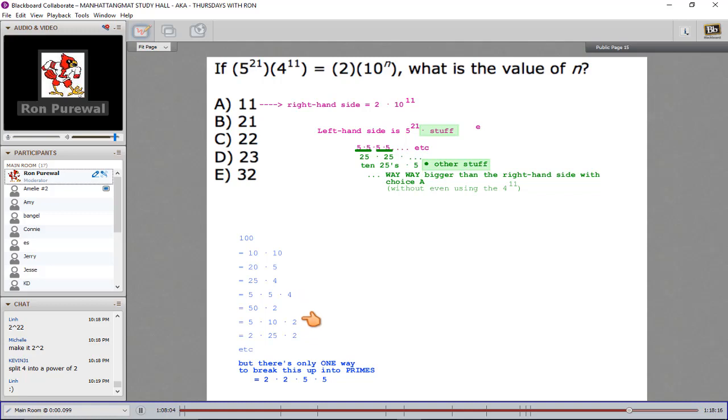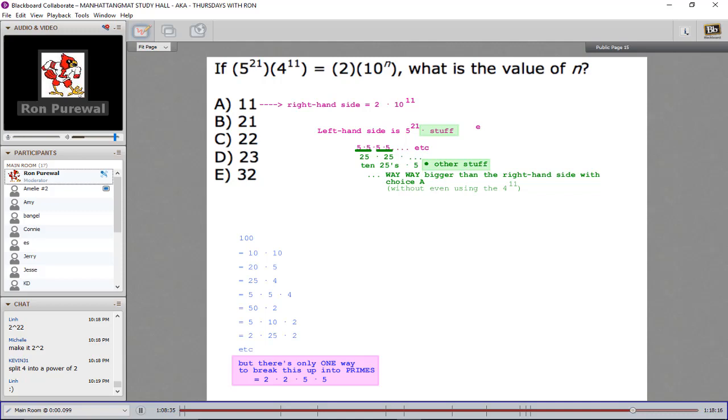These are the same number, but the only way to see that would either be to multiply it all back out and get 100, or to keep breaking it down until it is prime. These numbers you could just multiply out, but you can't multiply this out. This is too big. So what this problem should be telling you to do is break these things into primes.